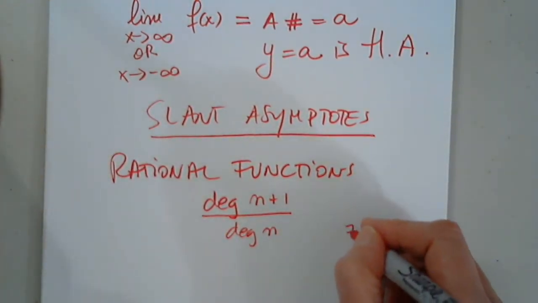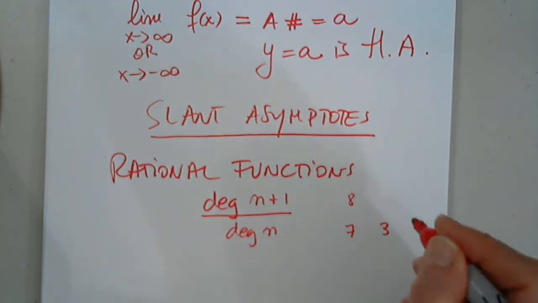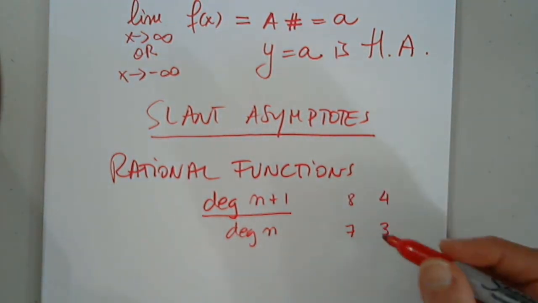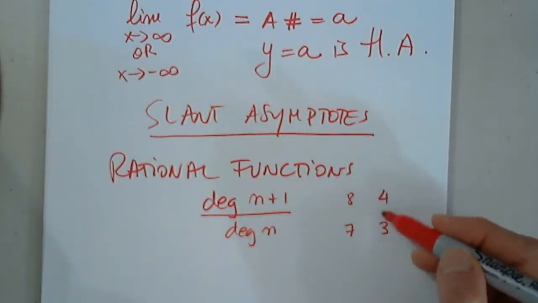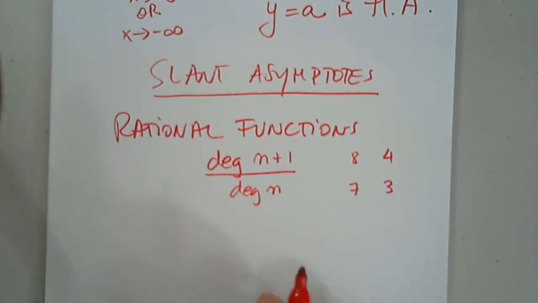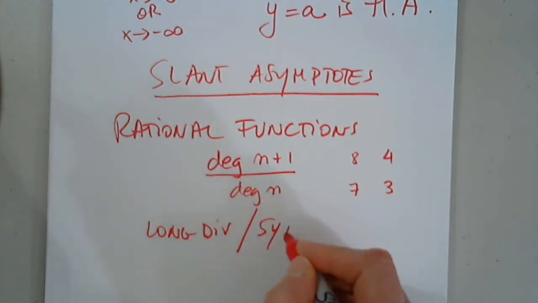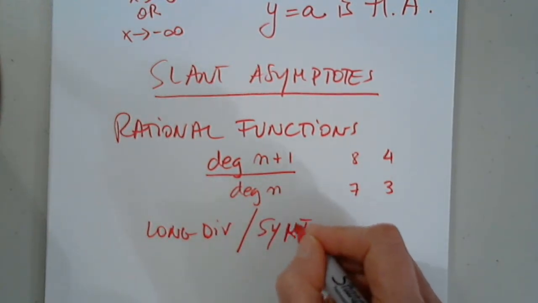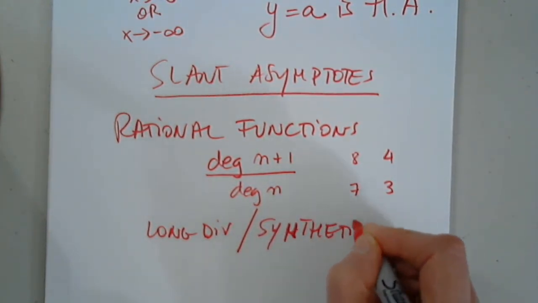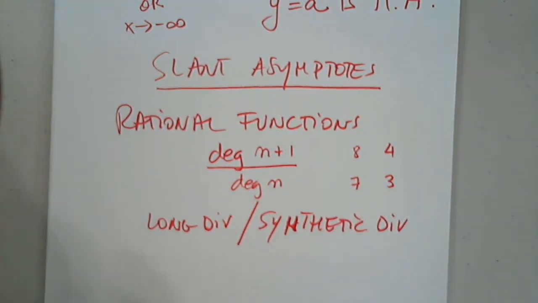So if this is degree 7, this is degree 8. If this is degree 3, this is degree 4. Always one more at the top. And I have to use long division or synthetic division to find the slant asymptote.